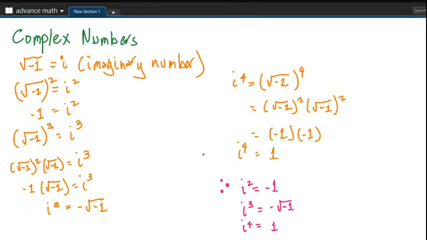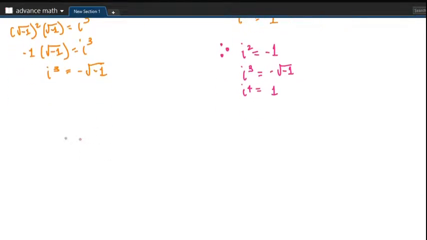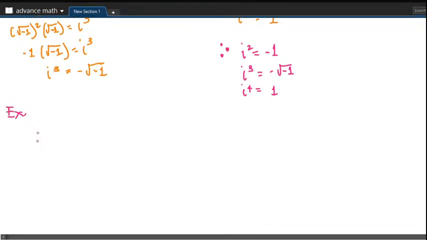Okay, so we will be using this property of imaginary numbers in an example. So for example, we have i raised to the power of 1999 plus i raised to the power of 2004.